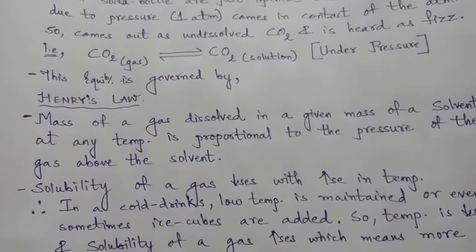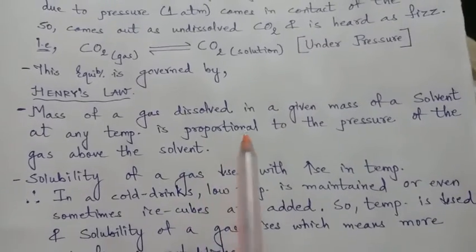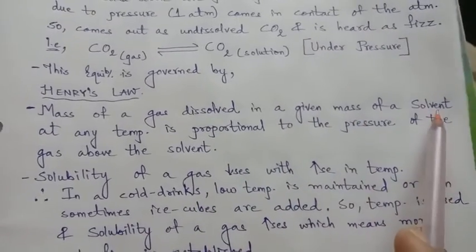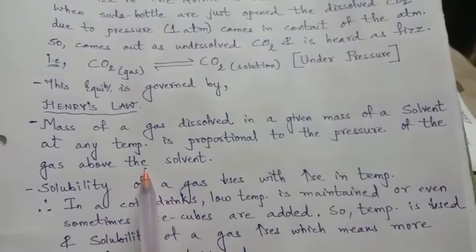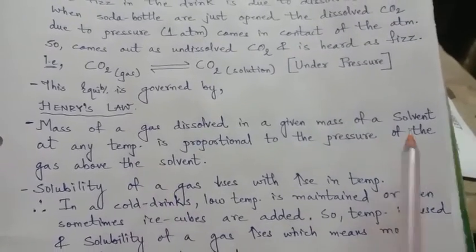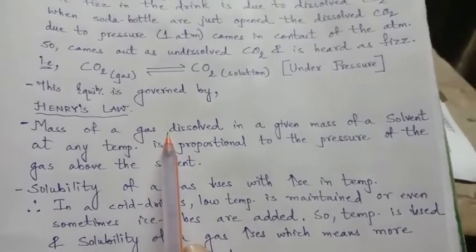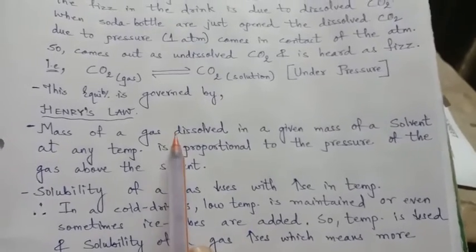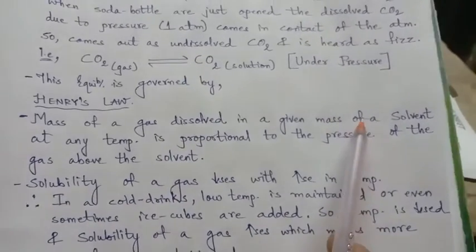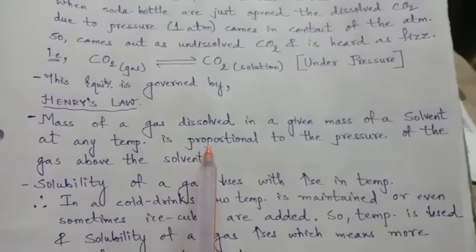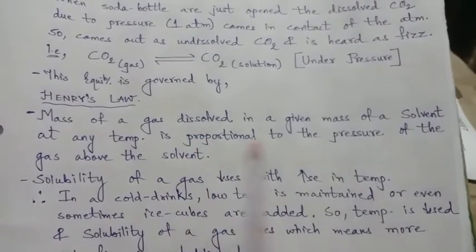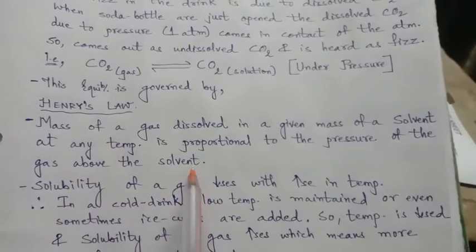What is Henry's law? The mass of a gas dissolved in a given mass of a solvent at any temperature is proportional to the pressure of the gas above the solvent.